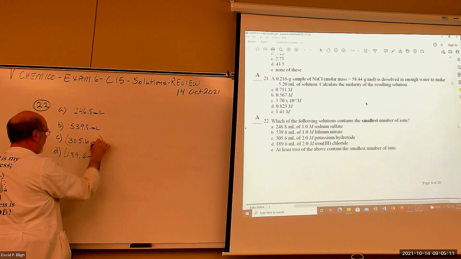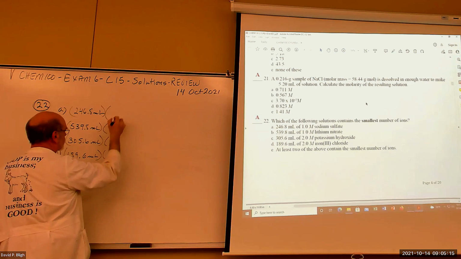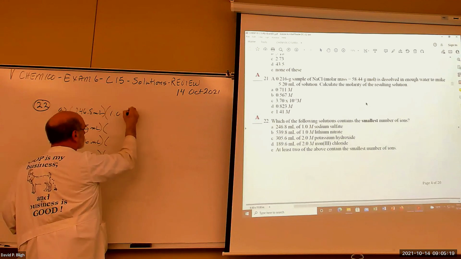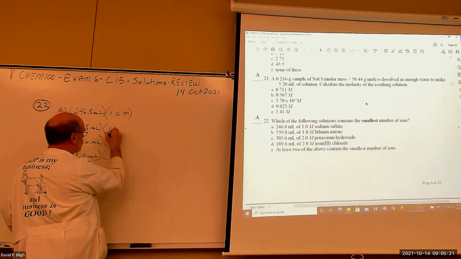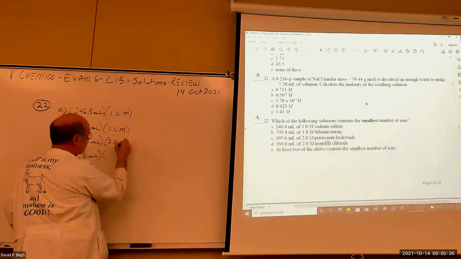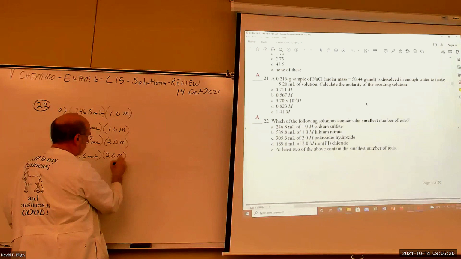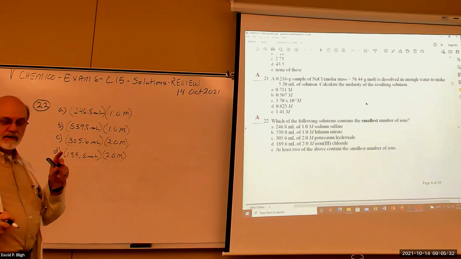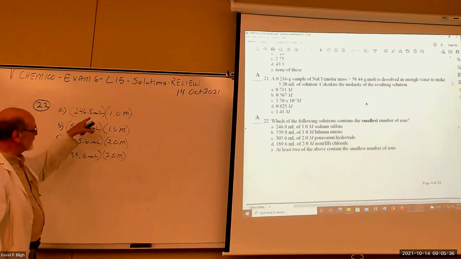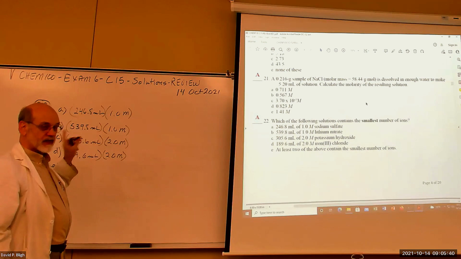Okay. And now we need the concentration. 1 molar, 1 molar, 2 molar, and 2 molar. Okay. This will give us the number of millimoles. Right? Milliliters times molarity is millimoles. Will give us the millimoles of the compound.